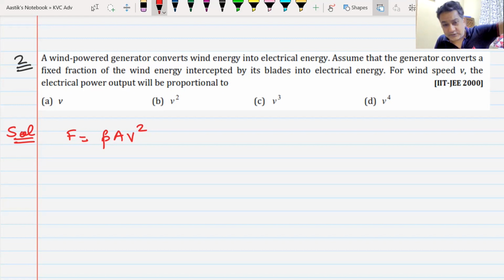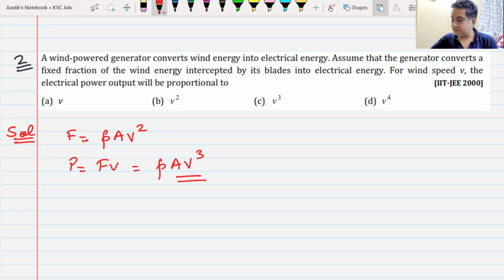on the, what should I say, wings of that windmill, and that makes the blades of the windmill move. So what is the power that it generates? Now the power it generates will be F multiplied by V. So it will be rho A V cube. Do we understand this? Yes, sir.